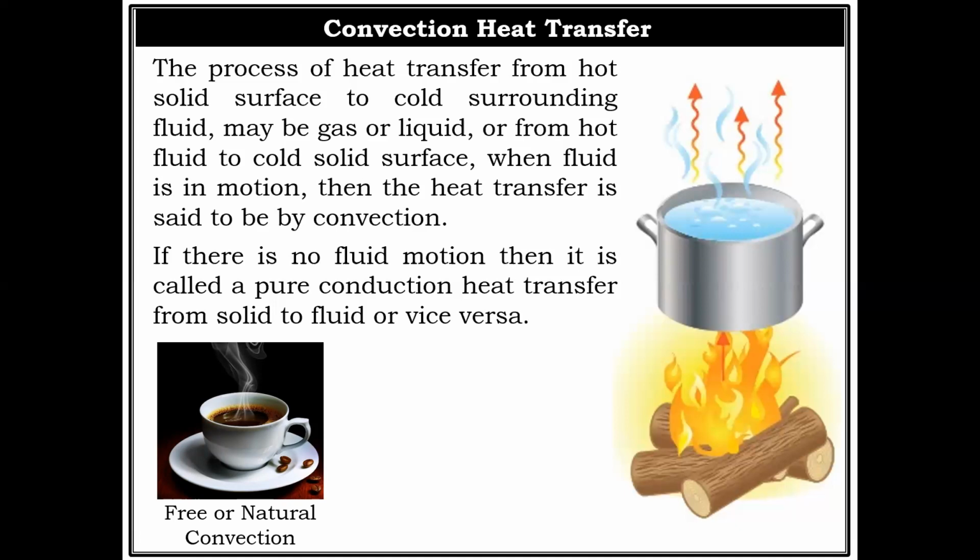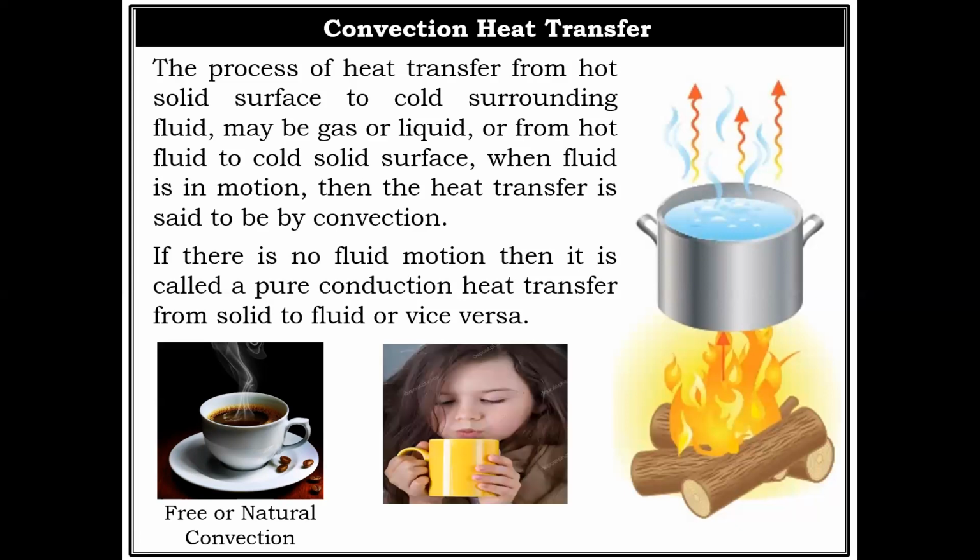It is just because of a natural phenomenon. The surrounding air comes in contact with the hot fluid, gets heated, and the density difference causes it to flow upward. Then cold air again comes into contact with the hot fluid, again its density decreases and it moves upward. So this is a natural phenomenon. Such heat transfer is known as free or natural convection.